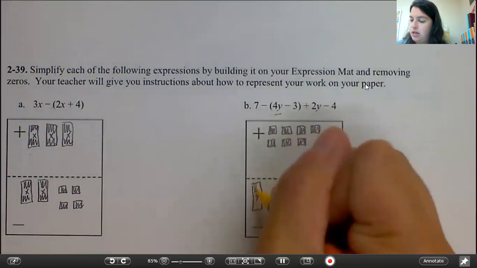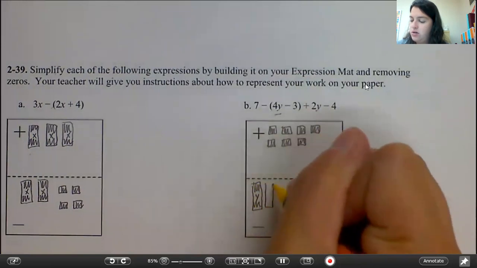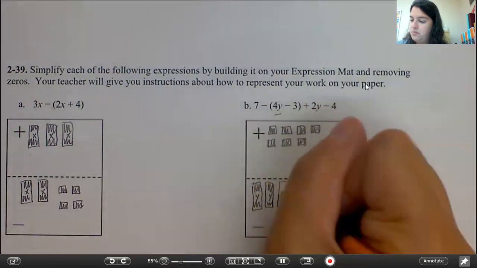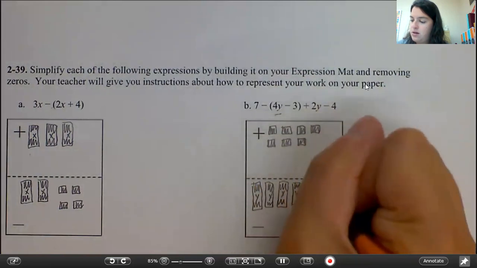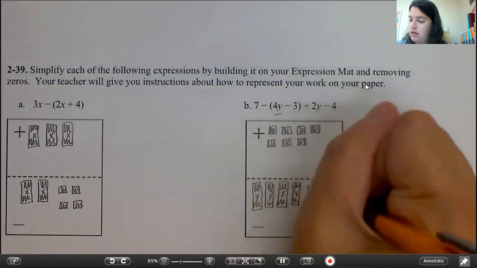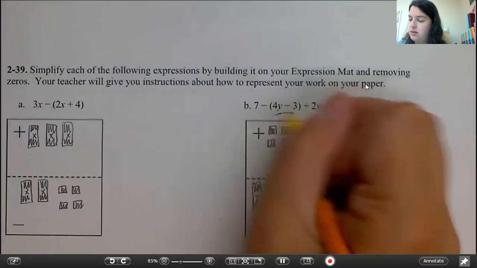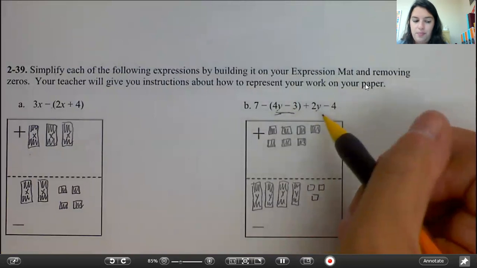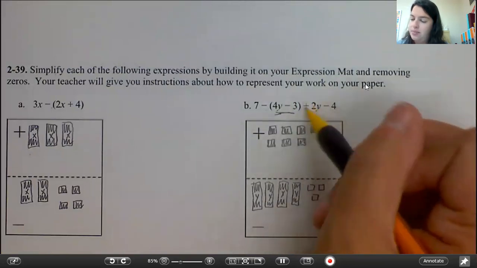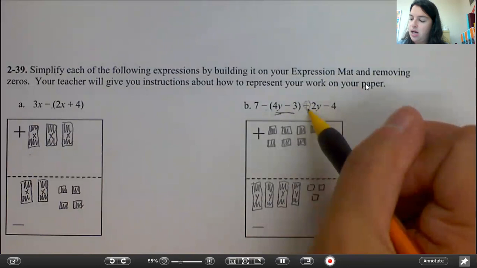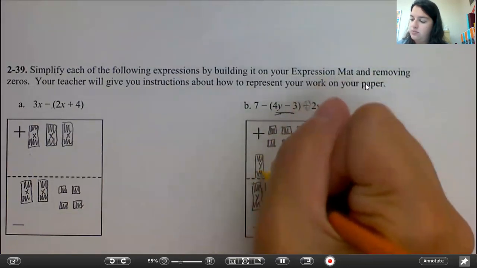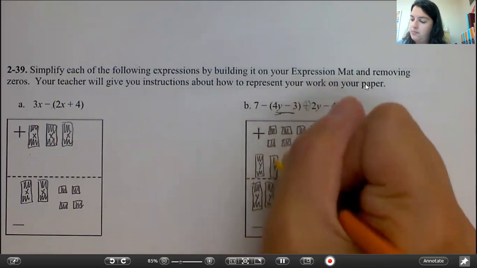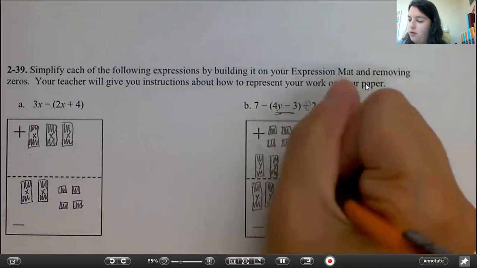So again, they will be shaded. We also have 3 negative unit tiles down here because that is what is in the parentheses. Now going back up top, because we're back in the positive region, because that plus sign tells us that, we have 2 positive y tiles and 4 negative tiles.